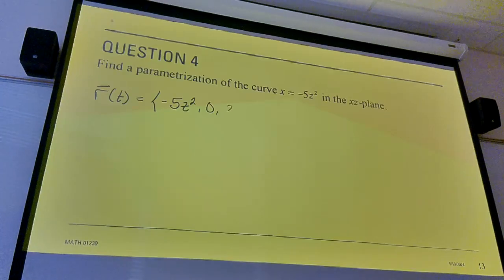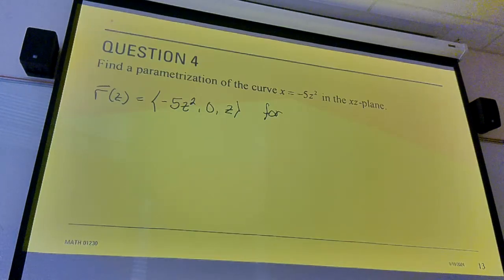So what I would now need to do is switch that from R of t to R of z.